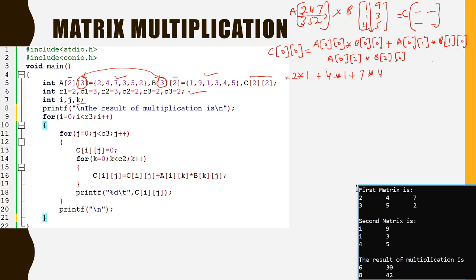A relationship you might not have got from this, so I will write one more element for you, c01.